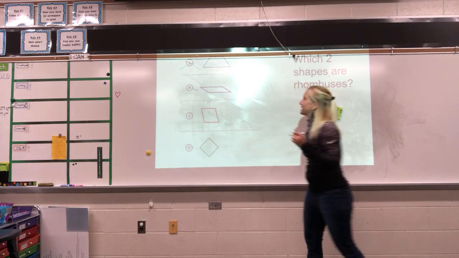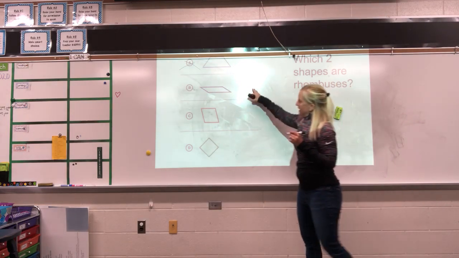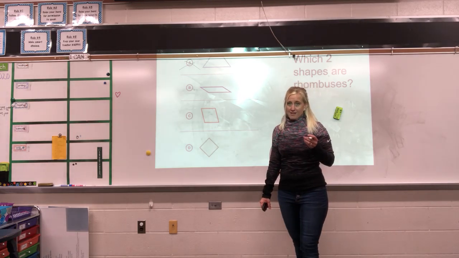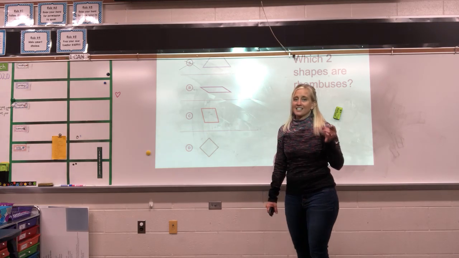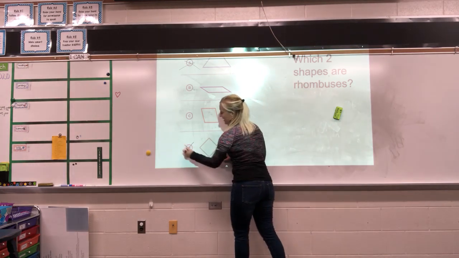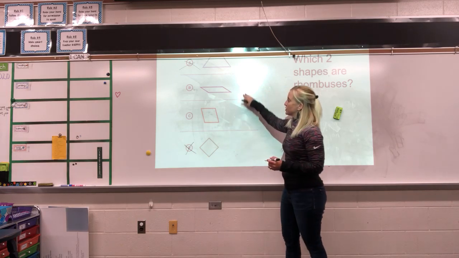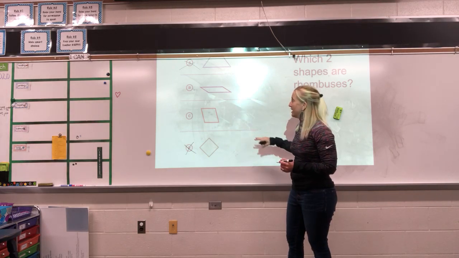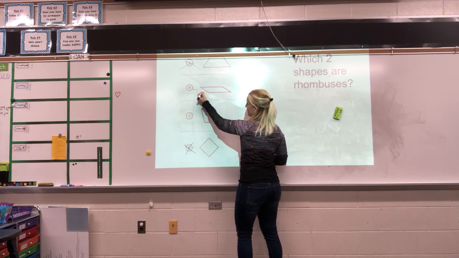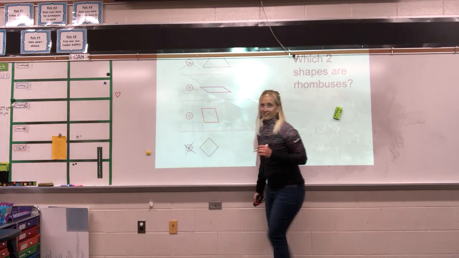So that cannot be a rhombus. So then I look at these three that are left. And I remember from my mini lesson, a rhombus does not have 90-degree angles. Well, these are 90-degree angles, so that cannot be a rhombus. Okay, these both fit the rhombus category because they have two sets of parallel sides and no right angles.